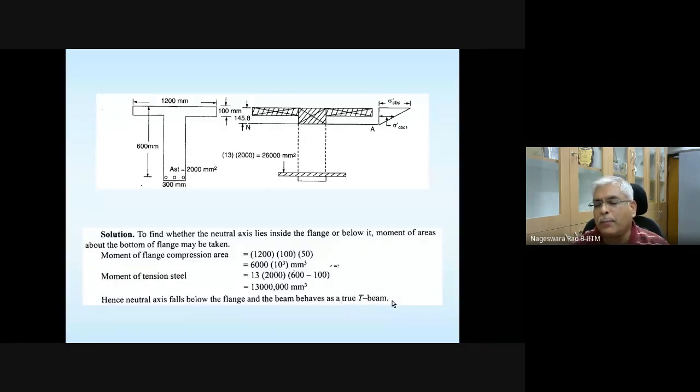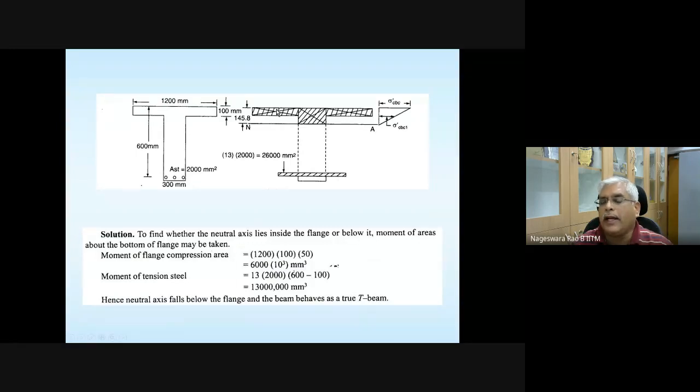Is it clear? This is a preliminary check. So now we are very sure that the neutral axis is going to fall within the web. So let the neutral axis be like this, in the web region.